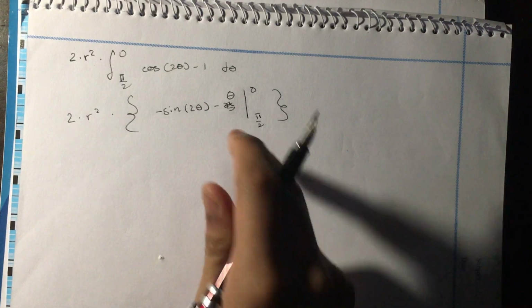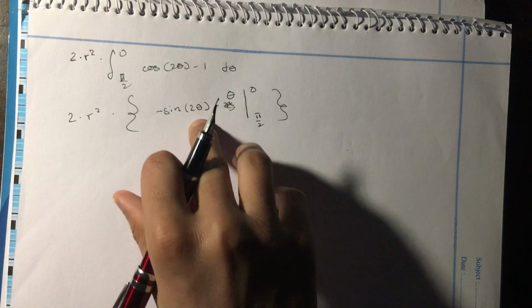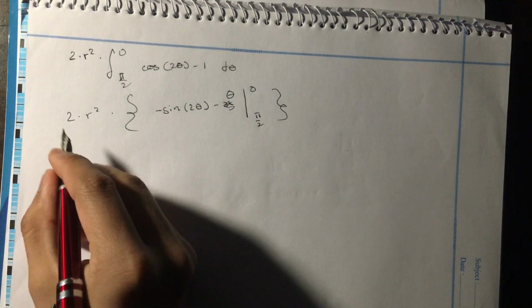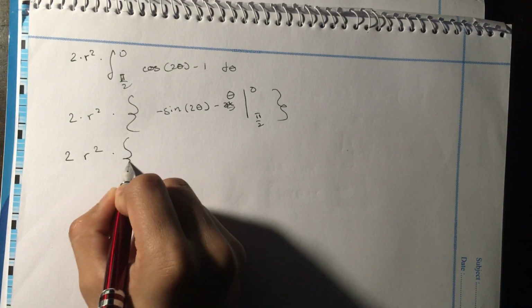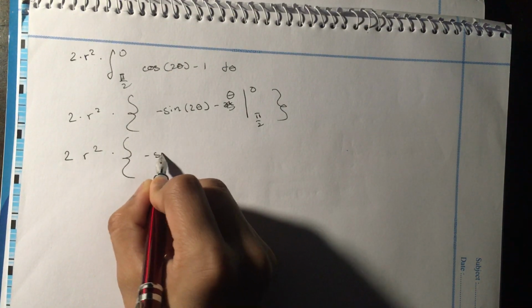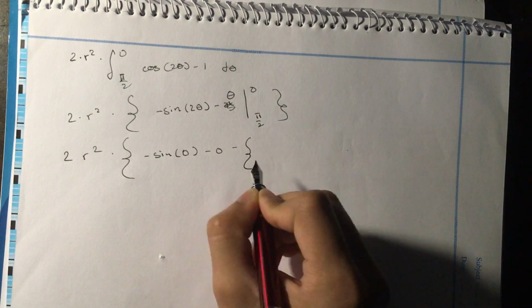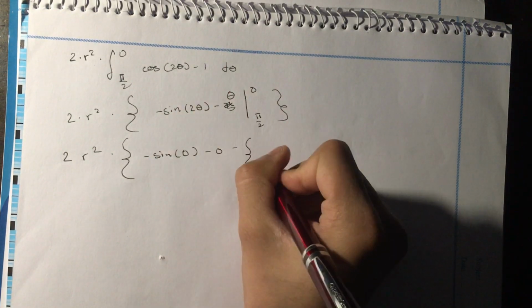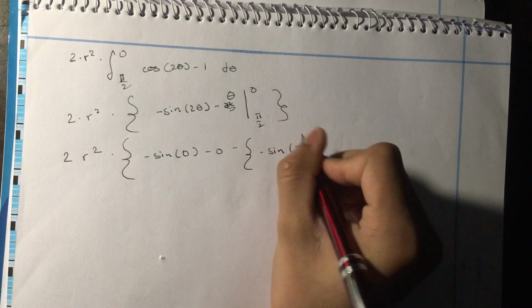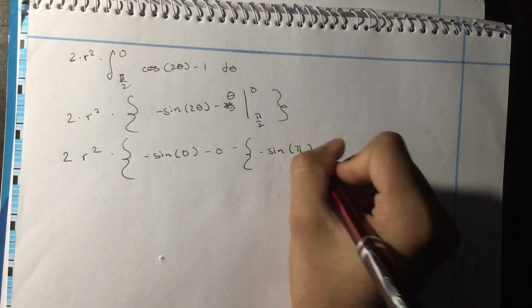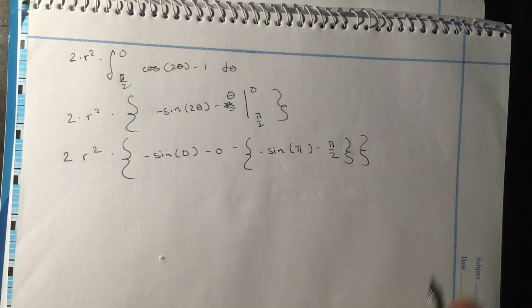Okay, that means we start with 0 and we subtract whatever we get at pi over 2. We substitute theta for pi over 2. So now we have 2r squared times, and we'll solve this, sine of 0, subtract 0, subtract sine of pi over 2 times 2, which is just pi, subtract pi over 2, and close all that off.